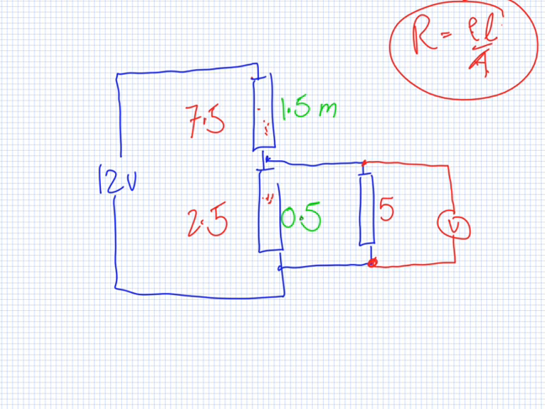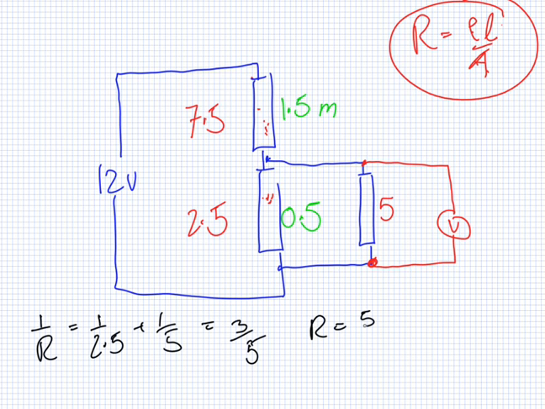Because these are in parallel, we have 1 over R equals 1 over 2.5 plus 1 over 5, which equals 3 over 5, thank you. So then R equals 5 over 3. That's for these two. But then we have to add it to this one because it's in series.